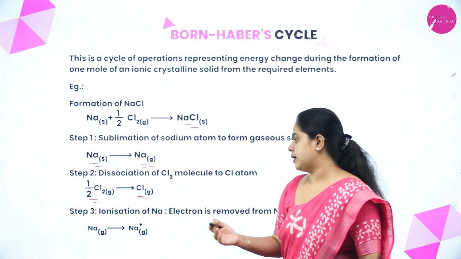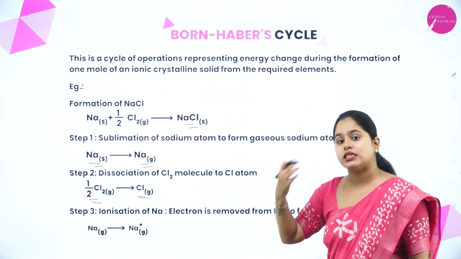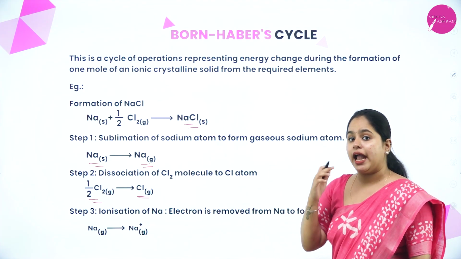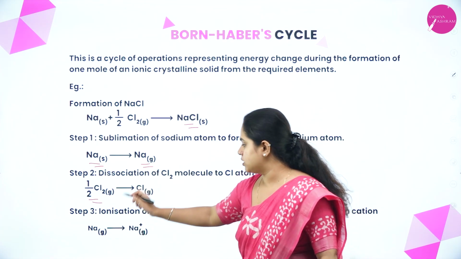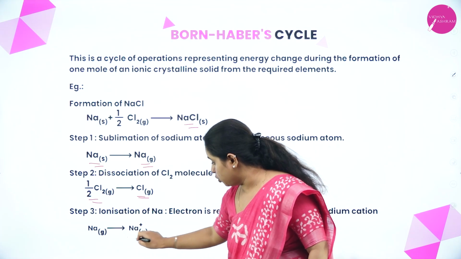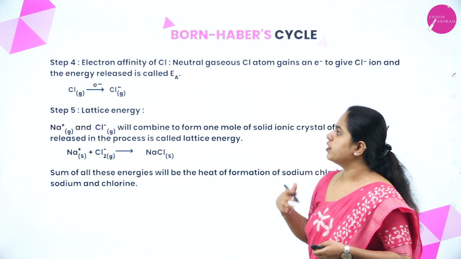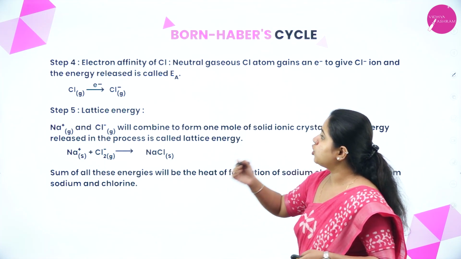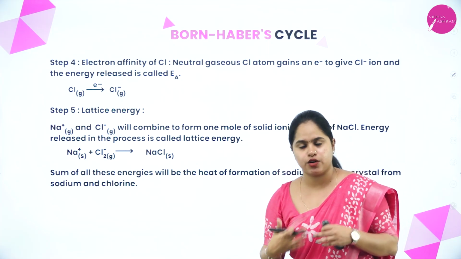Now the third step is ionization of sodium. An electron is removed from it so that it becomes Na plus, right? We obtained Na gas in the first step. Now this Na gas is converted to Na plus, a cation, by the loss of 1 electron. Now the fourth step is electron affinity of chlorine. It is also called electron gain enthalpy.